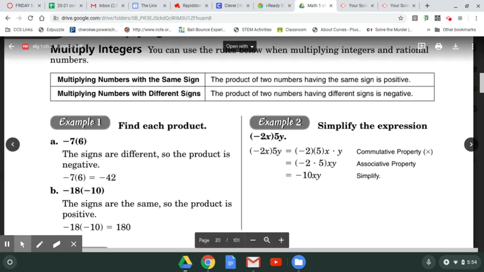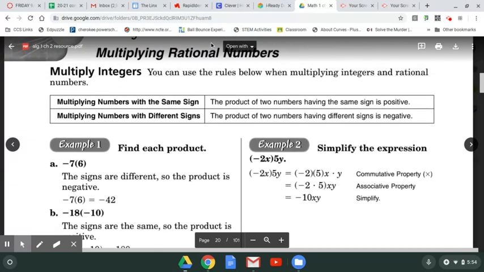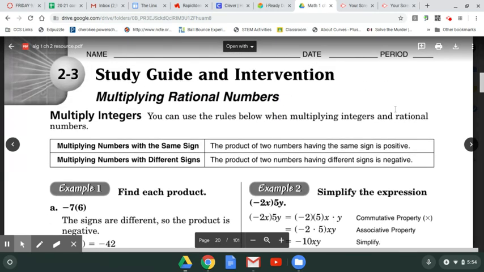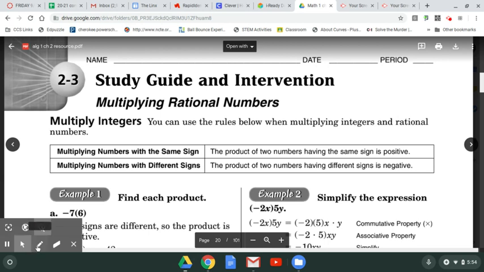So here we have multiplying integers. When you multiply numbers with the same sign, the product is positive. In other words, a positive times a positive equals a positive number, because same signs yield a positive number.